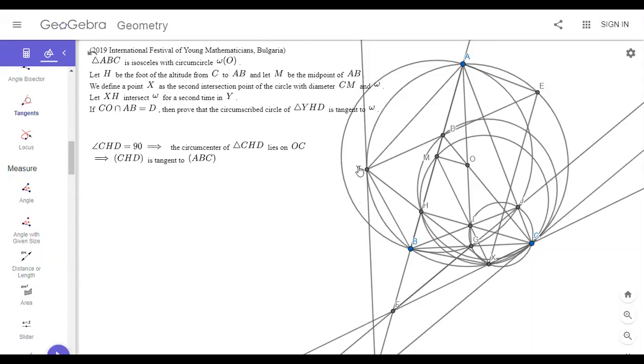I guess once we know ACBY is harmonic, then that means CY is a symmedian, right? Yeah. So I see that CY is a symmedian. That makes sense to me. How do we use that to then finish the problem, once we know that CY is a symmedian?